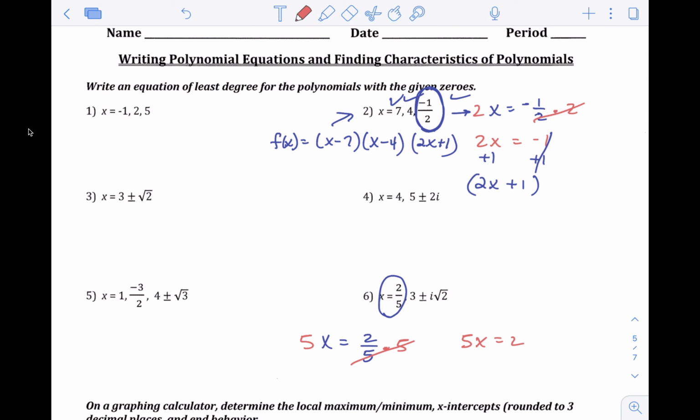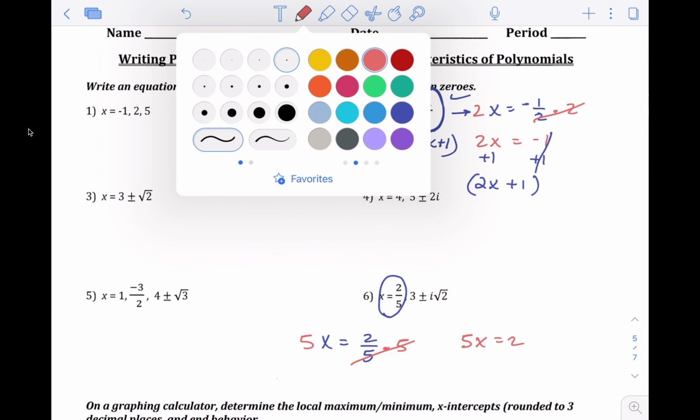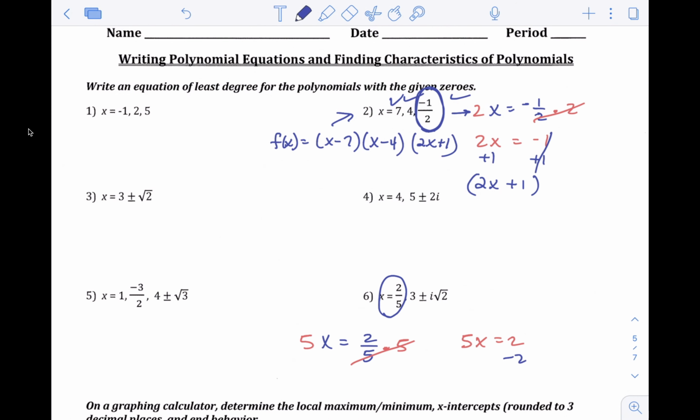So 5x equals 2. And then subtract the 2. So the factor 2/5 came from was 5x minus 2 in parentheses. For time's sake, I'm not going to bother finishing that one up. I just wanted to make sure you knew where the fractions come from.